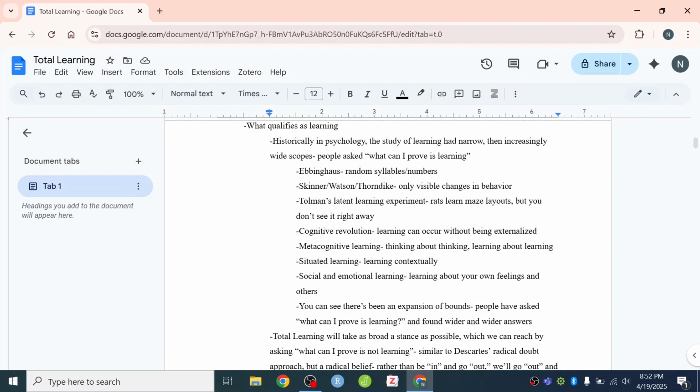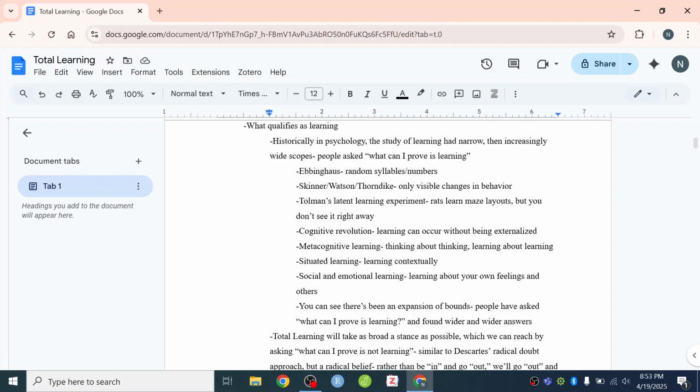I would argue that historically in psychology, the study of learning started with a very narrow scope and then adopted increasingly wide scopes. This is an oversimplification for sure. Notably, I'm not covering the Gestalt theorists here, although they have their own thoughts about this. But I do think that you can trace this overall trend.